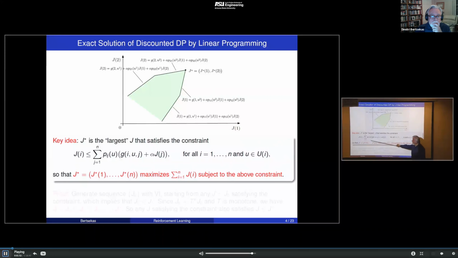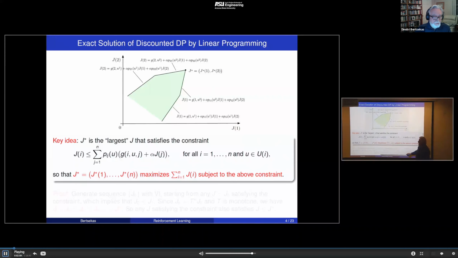First of all, this constraint is linear in the vector J, right? And there's one constraint for every state and for every control. Okay, so there's a large number of linear constraints that specify a polyhedron in J space.